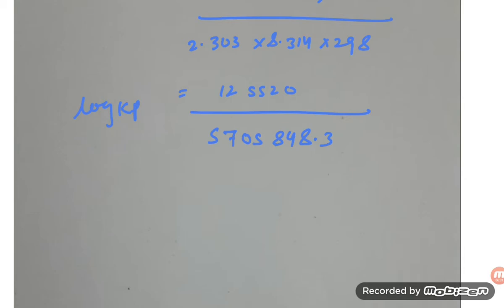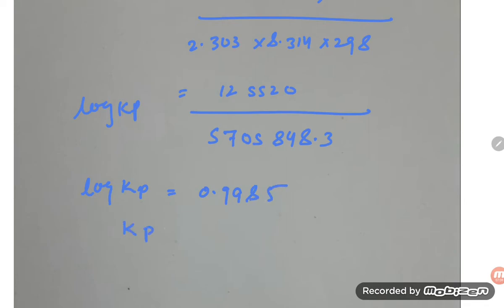1,25520 divided by 570584.8.3. So it is coming, student, log Kp is equal to, it is coming 0.9985, right?